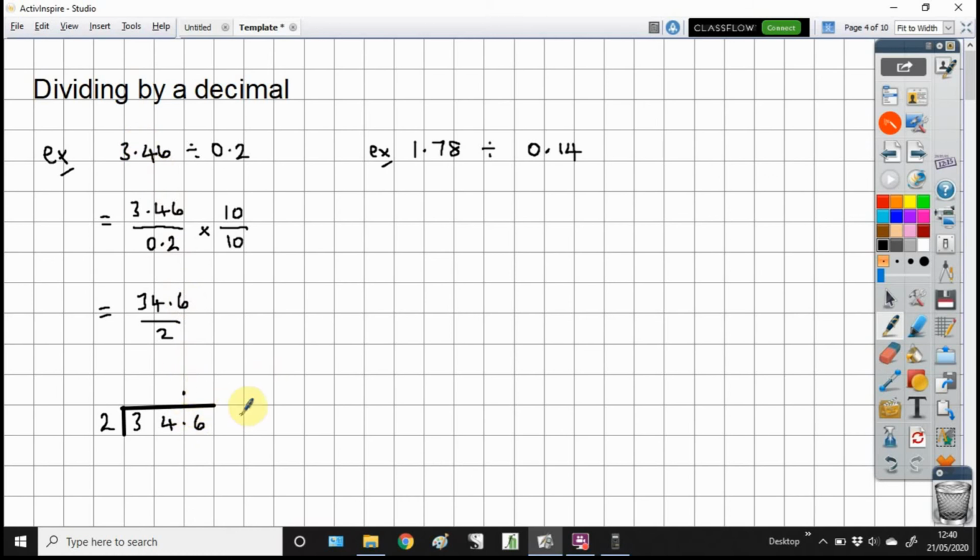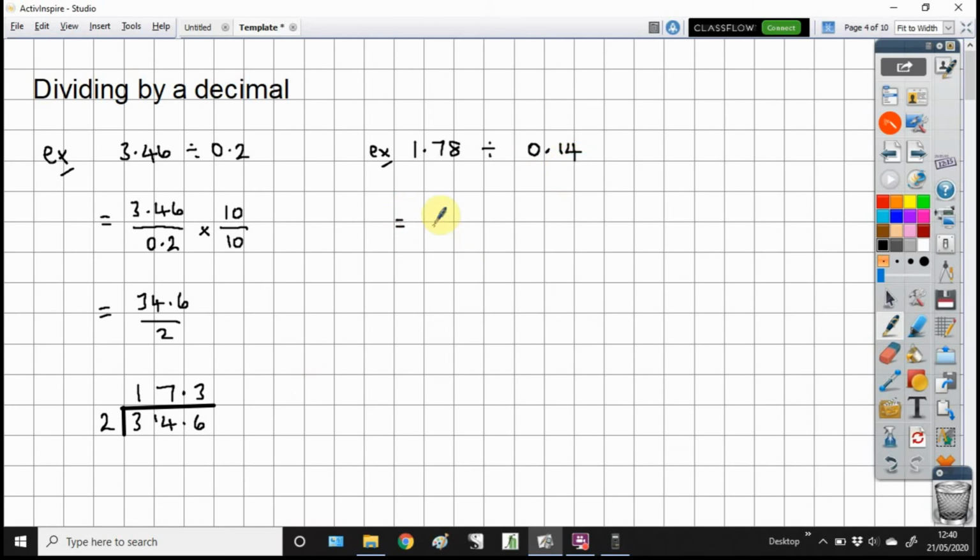There's no difficulty there. 2 goes into 3 once, remainder 1. 2 goes into 14 7 times, exactly. 2 goes into 6 3 times exactly, and we have our answer, 17.3. Let's look at the next one, 1.78 divided by 0.14.